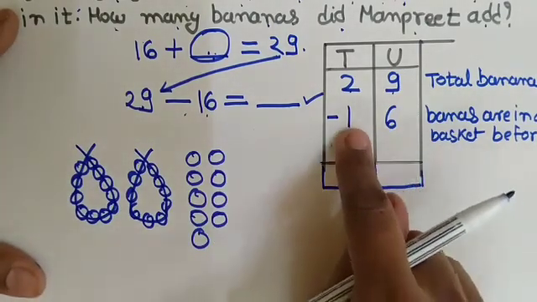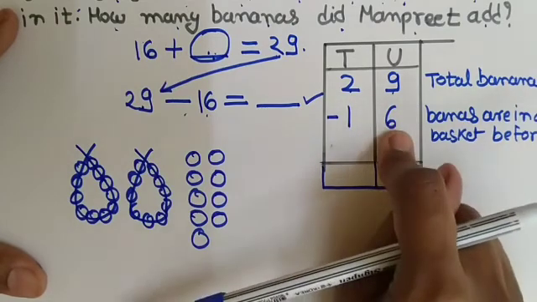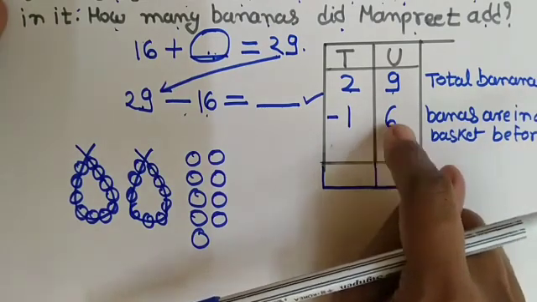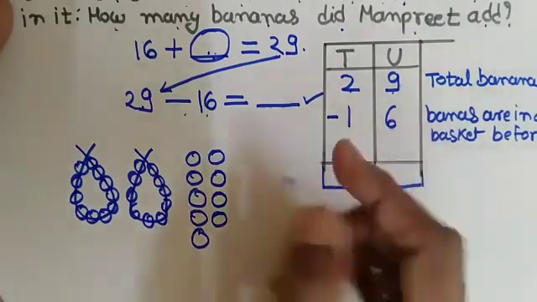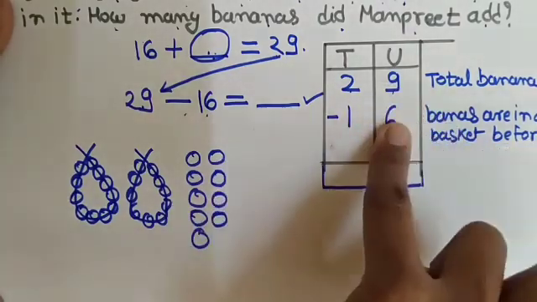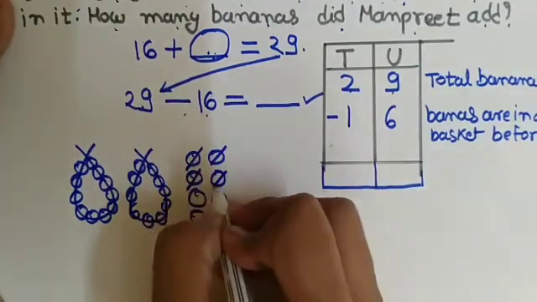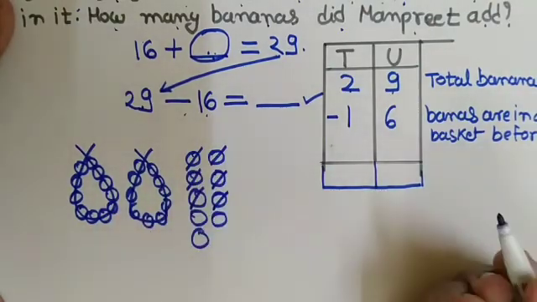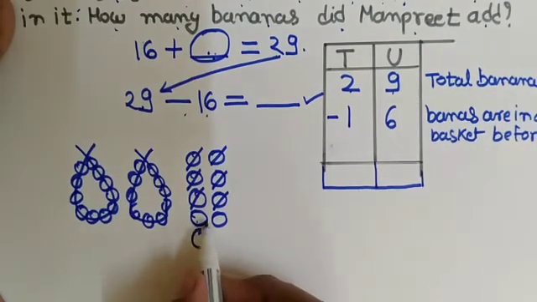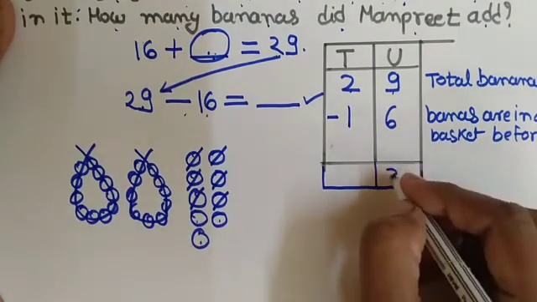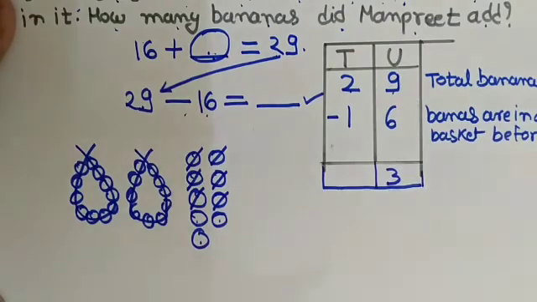In 16 we have 1 ten and 6 units. So first we will cut the units, that is 6. From 9 we have to cut 6 units: 1, 2, 3, 4, 5, 6. What did we get here, children? 1, 2, 3 units, right? And in the unit column, 3.